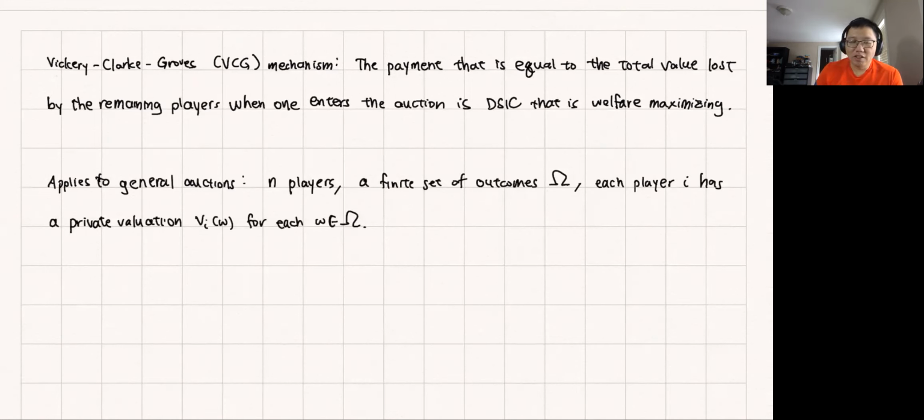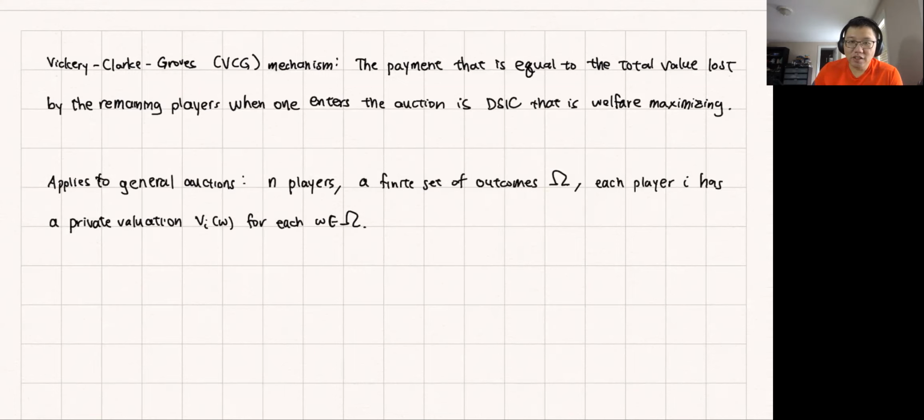If they win, they get their value. If they don't win, then their valuation of that outcome is just 0. So that's a general set of auctions.